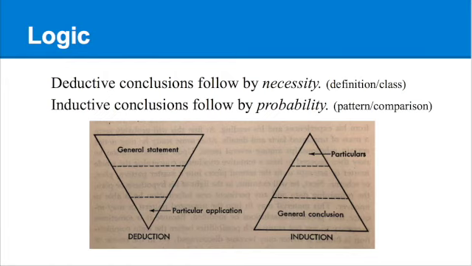In inductive logic, we have a very different situation. If you remember, we don't have the general statement. We don't have the general principle of life. We have to build towards it. So if you think about the Socrates example, let's throw the chicken out for a second. Socrates is a man, Plato is a man, and all of those people die.